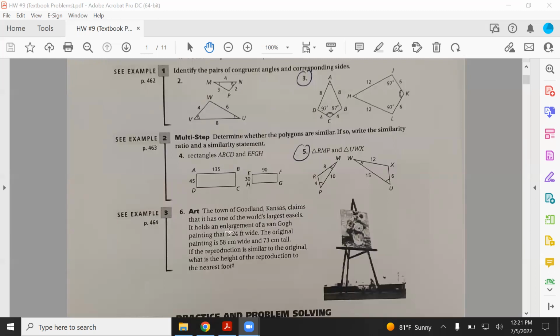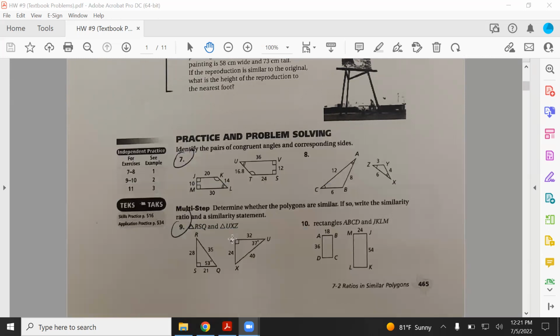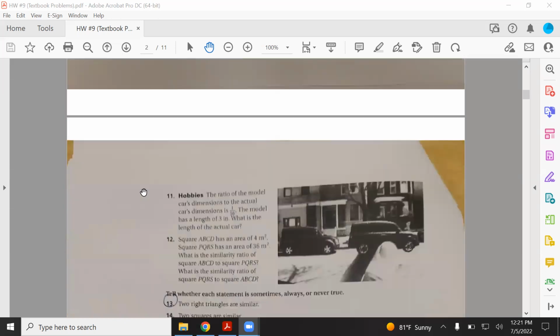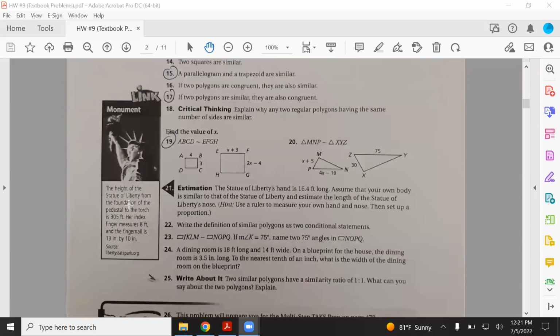It's definitely by side proportionality or angle. 7, that should be hopefully pretty straightforward. 9, I would say yes for 9. And the scale factor, I think, is 7 to 8. Then 13 through 17.